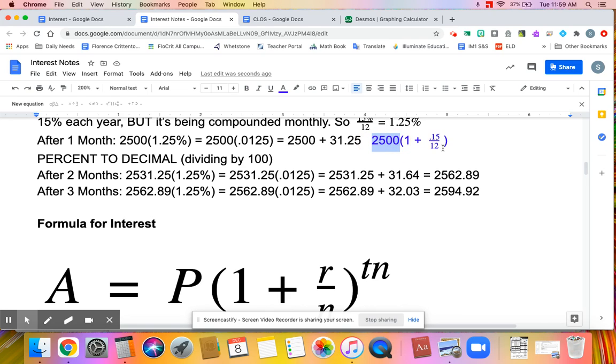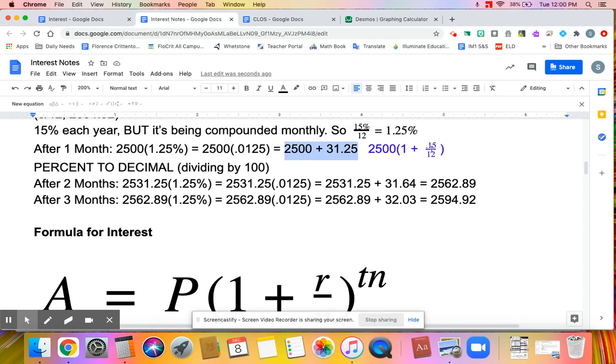So when I do this times the 0.0125, that was this math right here. So then when I multiply it in, I'm going to end up with this exact thing right here. So you take the amount you started with, you're multiplying it by 1 to get the whole thing there, plus what happens when you multiply it to the interest. And then you add those together to figure out how much you have right now.